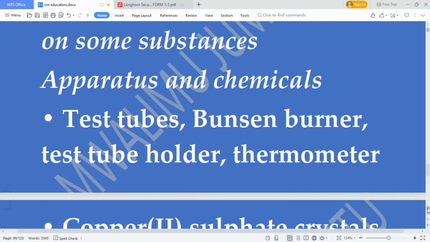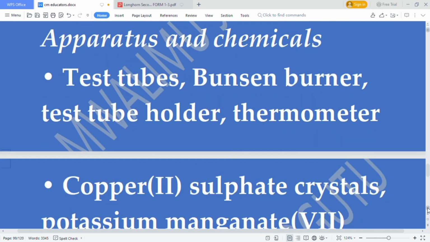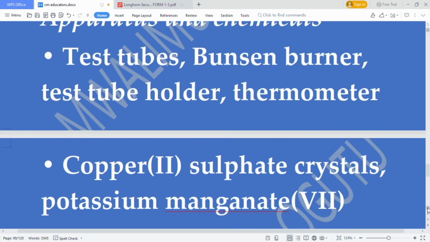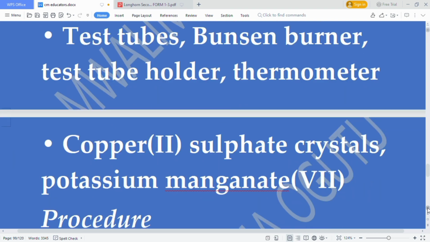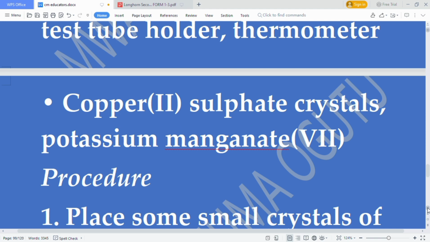The chemicals that we are using are copper(II) sulfate crystals and potassium manganate(VII).